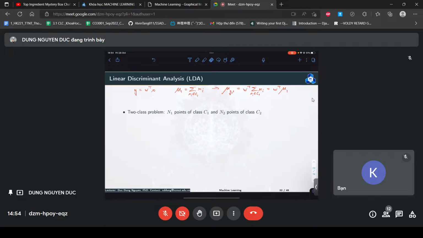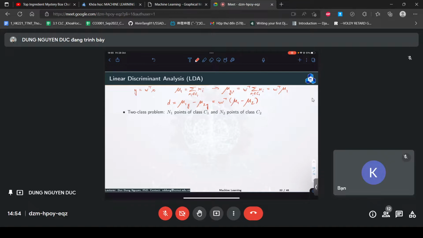And the distance between the two groups of data now turns out to be d equals mean 1 y subtracted with mean 2 y, which gives you w^T of (mean 1 minus mean 2).